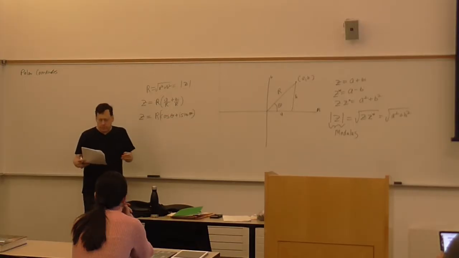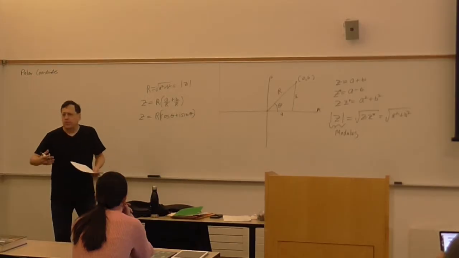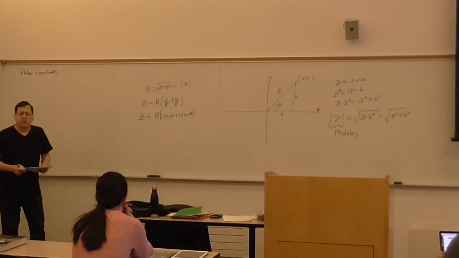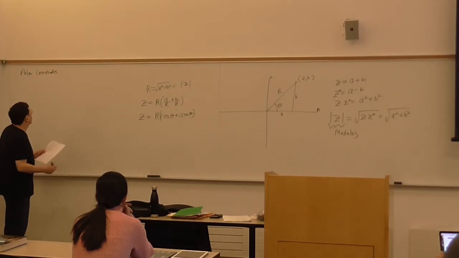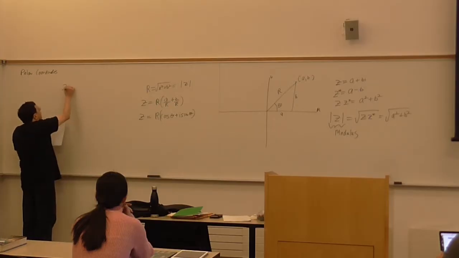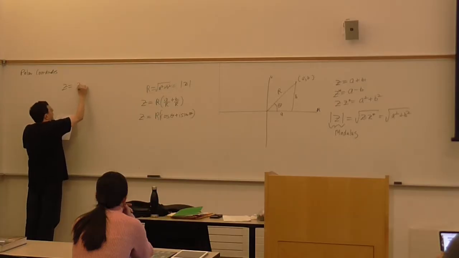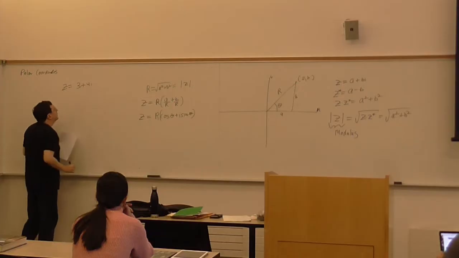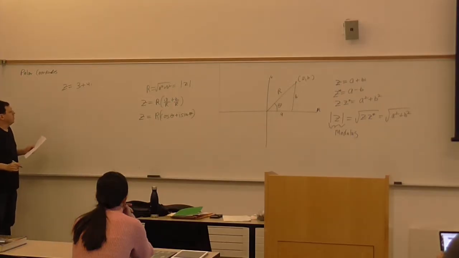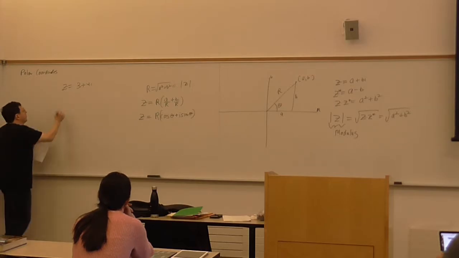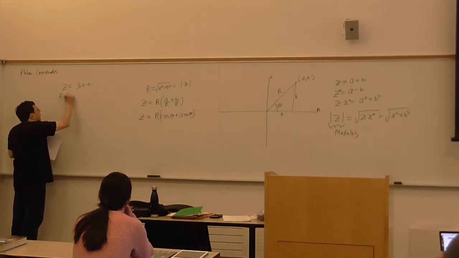All right, well, let's actually use a real example to see how we would actually make this conversion. My z is, say, 3 plus 4i. So the first thing to do is to figure out what r is. Right? r is the modulus of z.